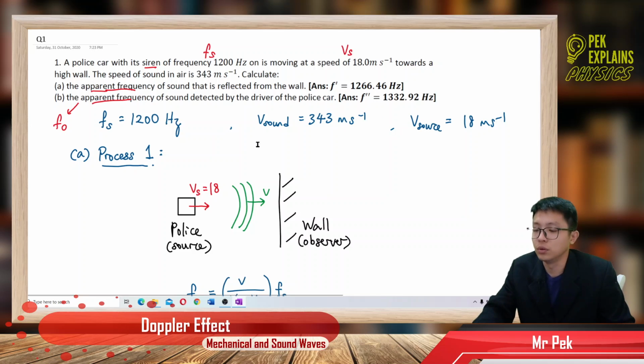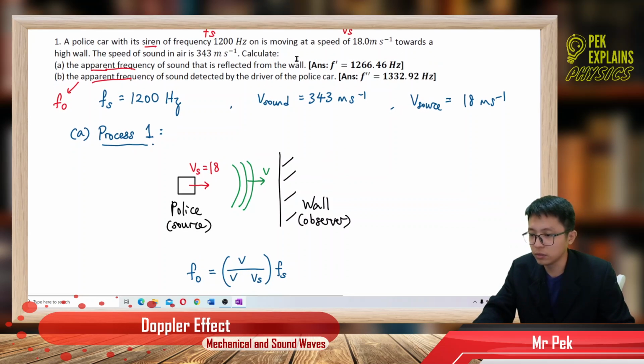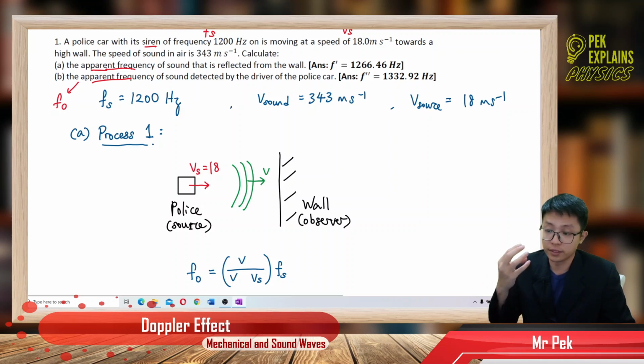Now for part A, what is the apparent frequency that is reflected from the wall? The police car acts as the source of the sound because it has the siren.